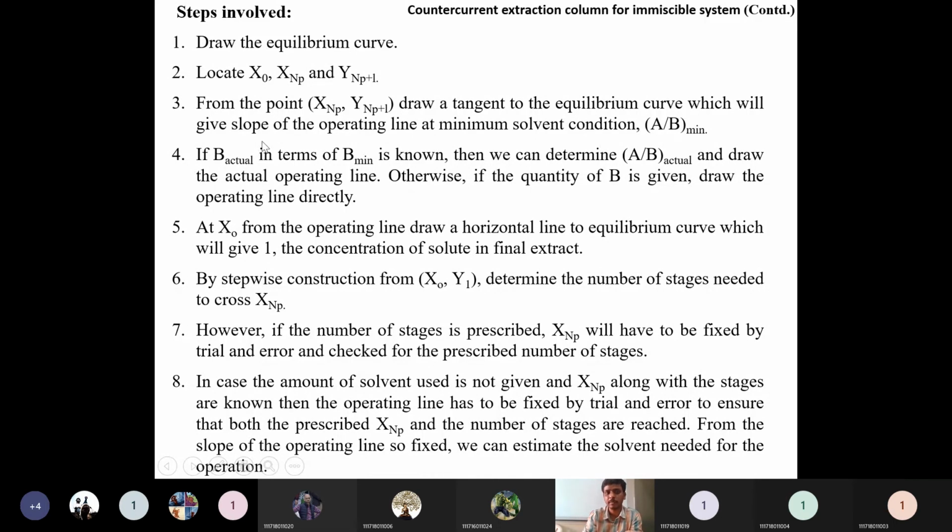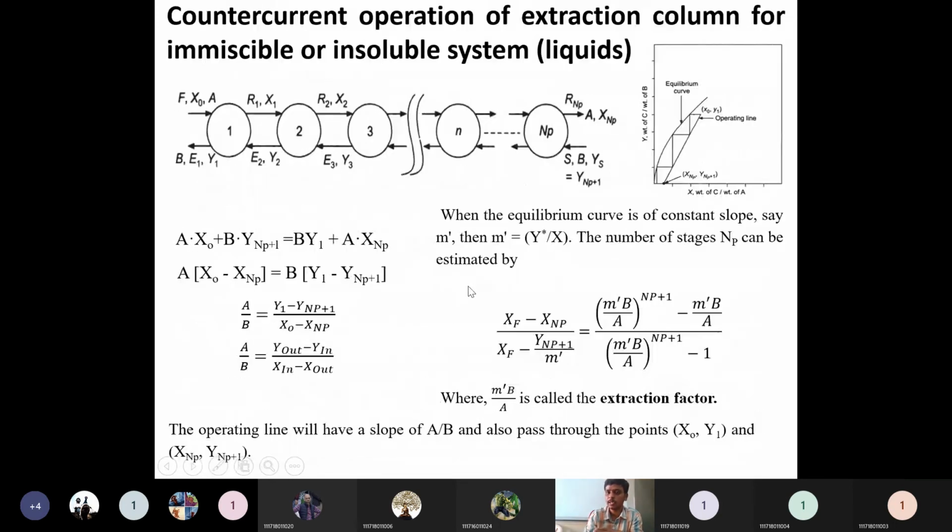After finding that, you write the formula (y_1 minus y_(p+1)) equal to (x_0 minus x_p) times the slope, and from that you can find y_1 actual. From that slope you get A by B actual, and then you will have the y_1 point. If you have the y_1 point and the x_0 point, you can put them here and draw a straight line, which is called the operating line.